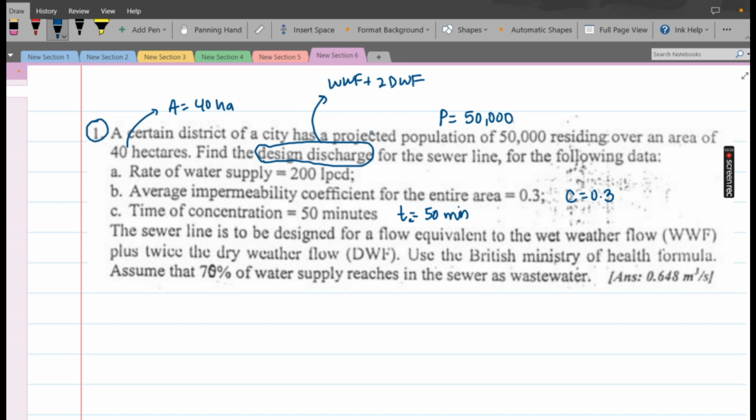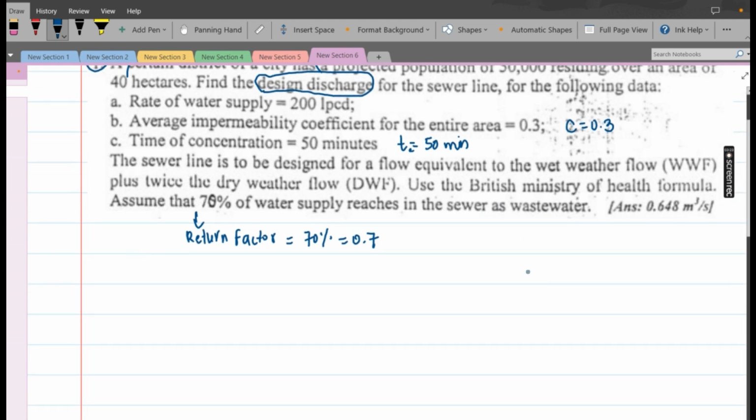Now use the British Ministry of Health formula. Assume that 70% of water supply reaches the sewer as wastewater, so the return factor is 70%, that is 0.7. And what is the British Ministry of Health formula?